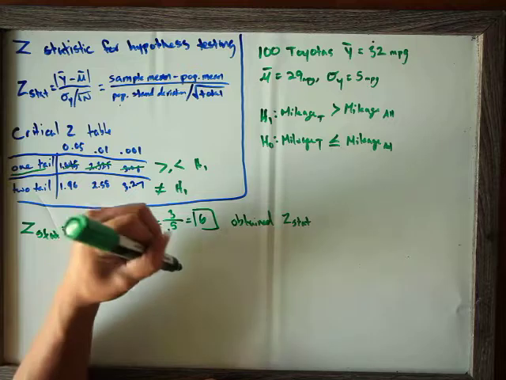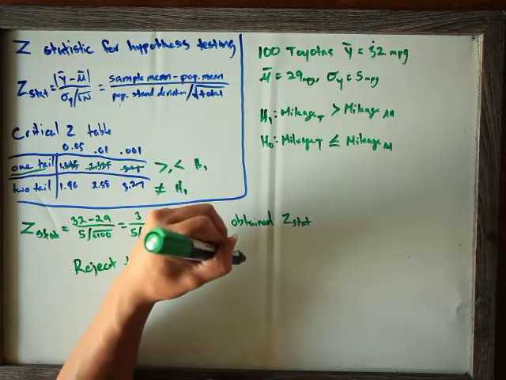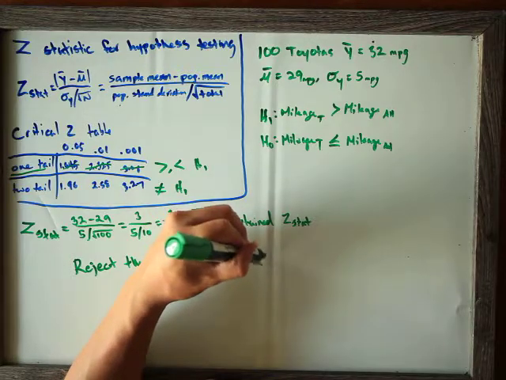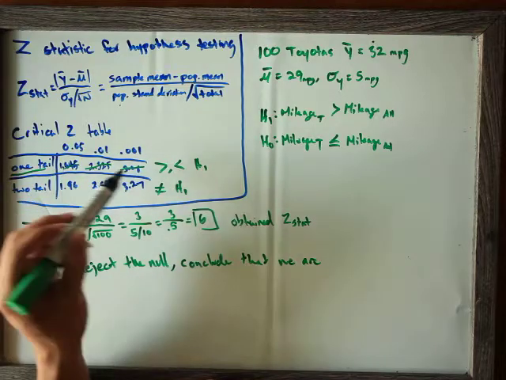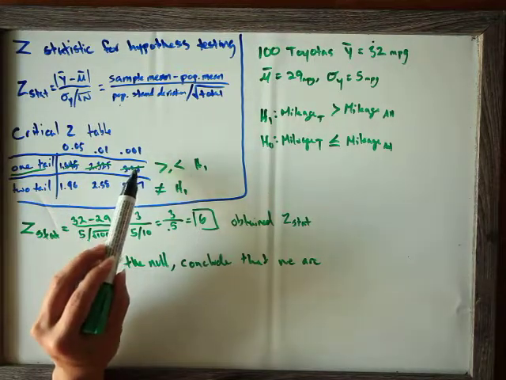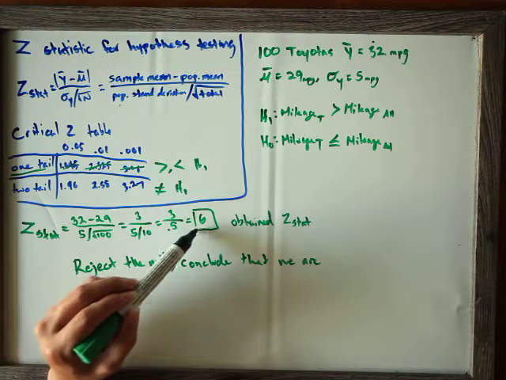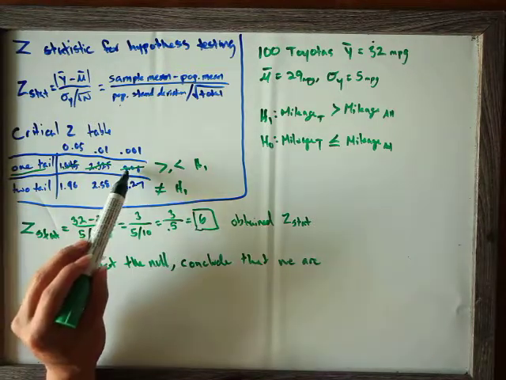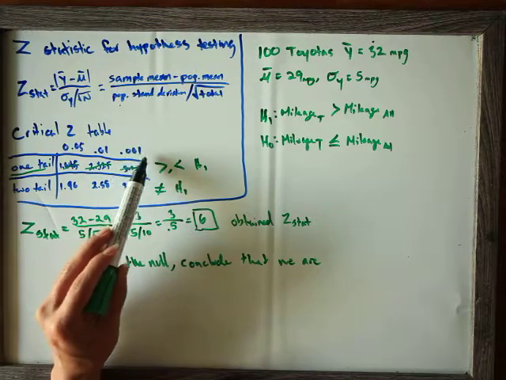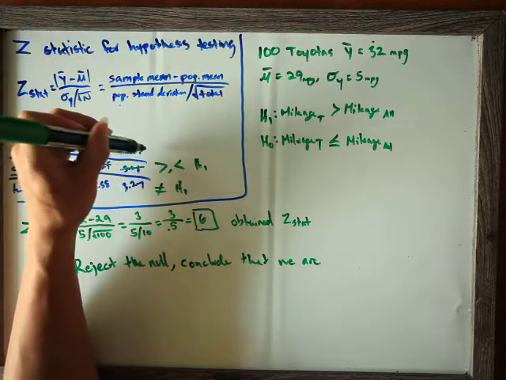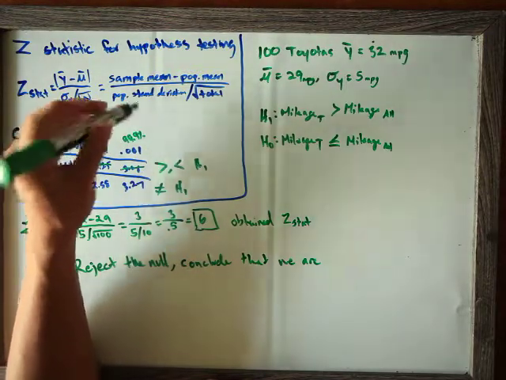We are going to conclude that, and here's where we look at our alpha. We look at the highest alpha that we were able to pass with our obtained z-statistic. In this case, we've passed all of them, so that's an alpha of 0.001. An alpha of 0.001 corresponds to a 99.9% confidence level.